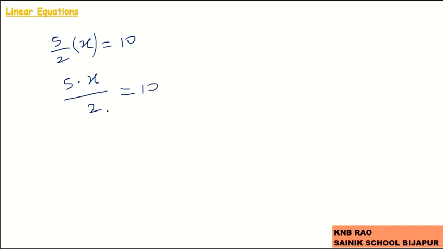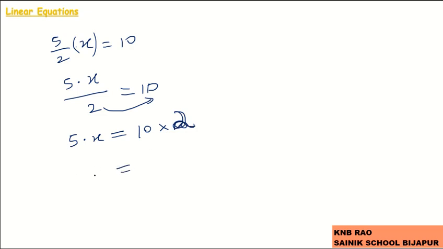Students, now one by one we can transpose. When I transpose 2, 2 comes and multiplies on the RHS side, where 5 into x will be there in the LHS. Sorry, here I have written 10, it is supposed to be 2.